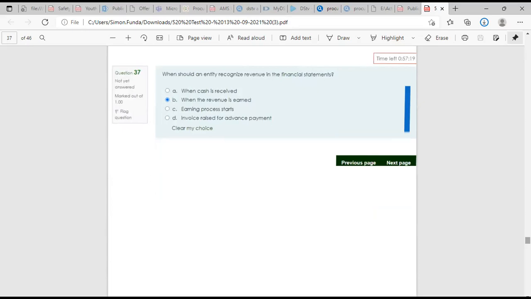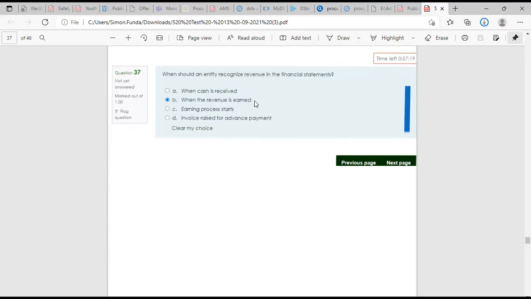When should an entity recognize revenue in the financial statements? Okay, you can only recognize revenue when revenue is earned. Revenue which is not earned, we cannot recognize as revenue.